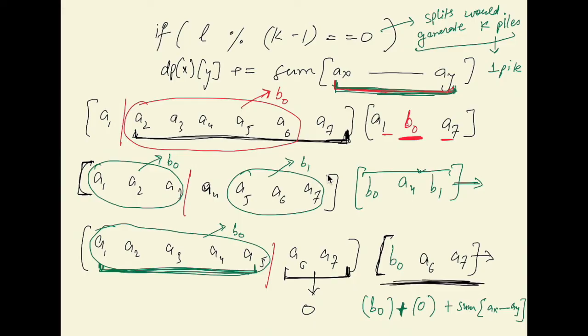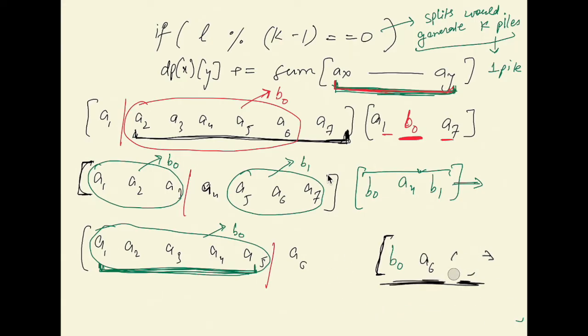If L modulo k minus 1 was not 0, let's say we only had up to a6, in that case we'd just keep the cost to be b0.